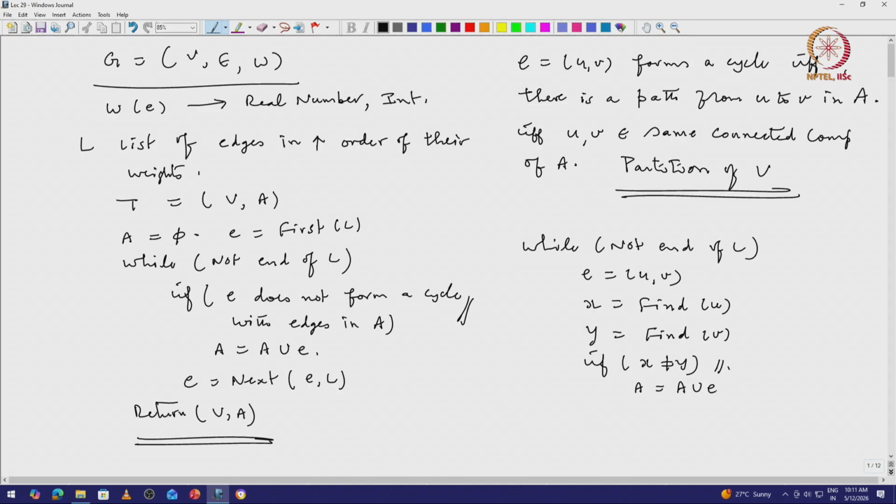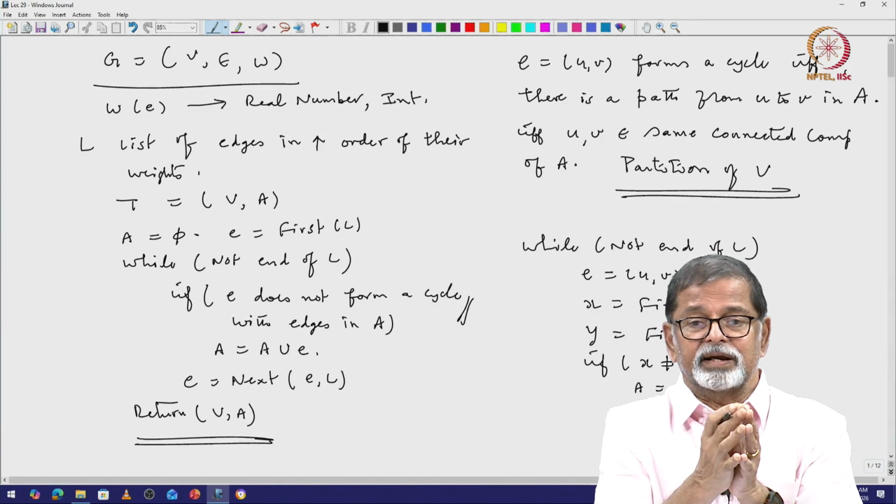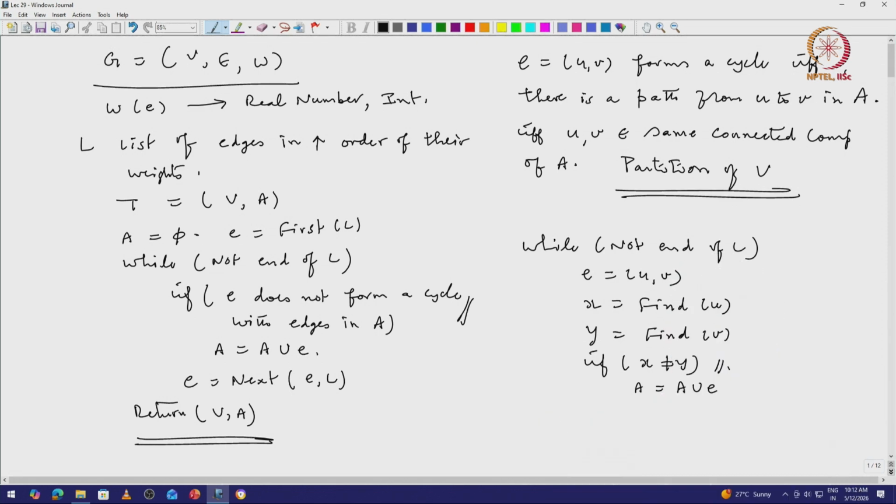When you add E, the partition changes because the edge E, which has its end vertices in two different connected components, they become a single component. Therefore, we have to perform the union X Y. If X is not equal to Y, A is updated and the connected component information related to the new A is also updated by performing the union operation.